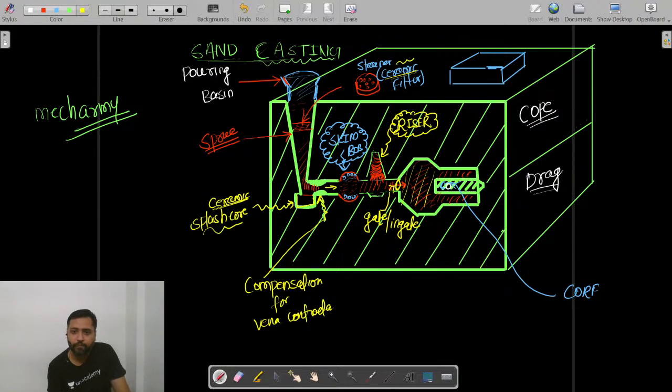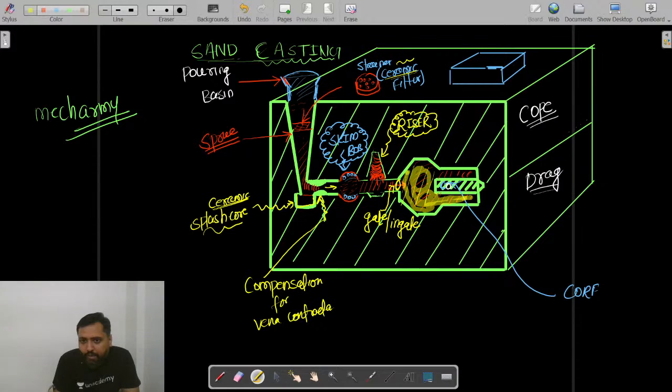You see, as the molten metal reached here, my dear students, undoubtedly its temperature will start to decrease.